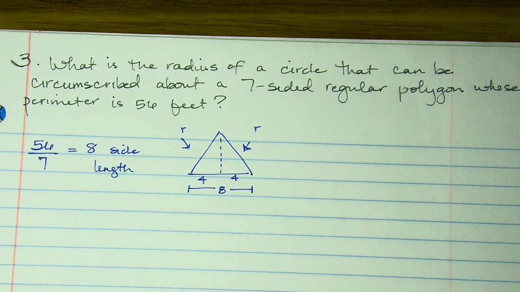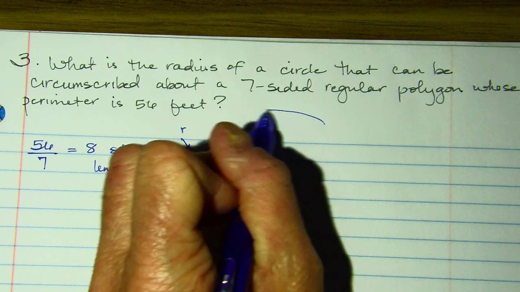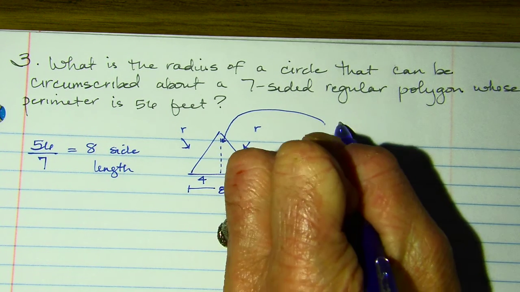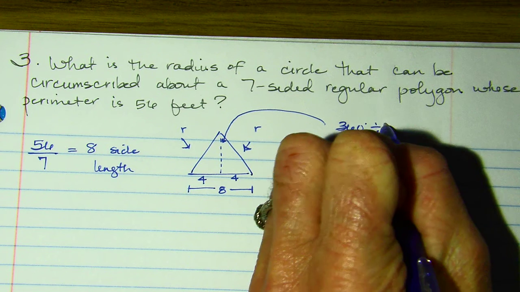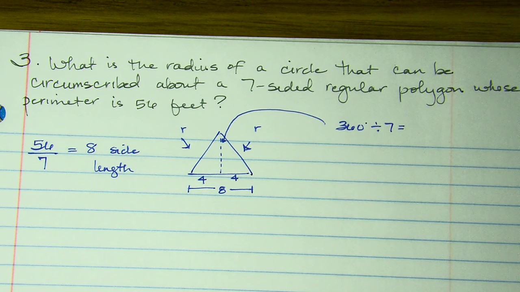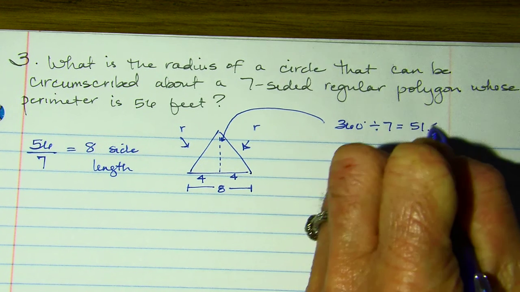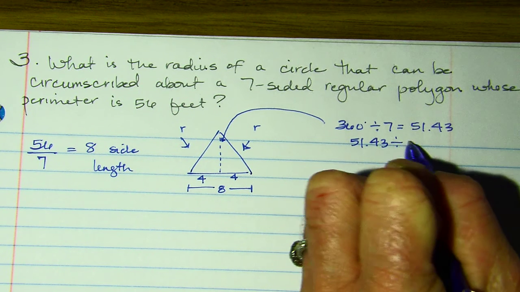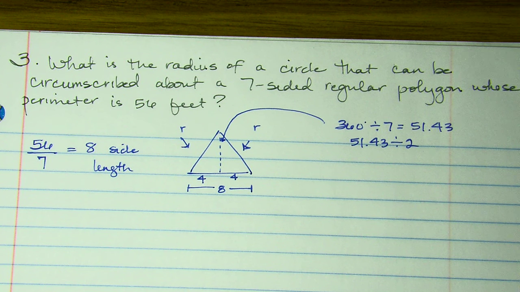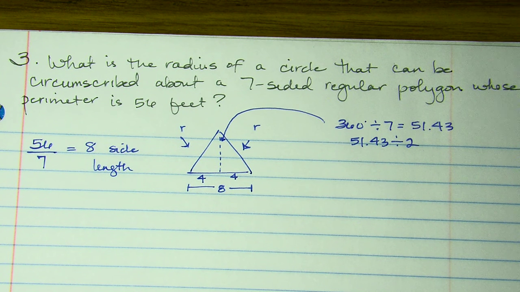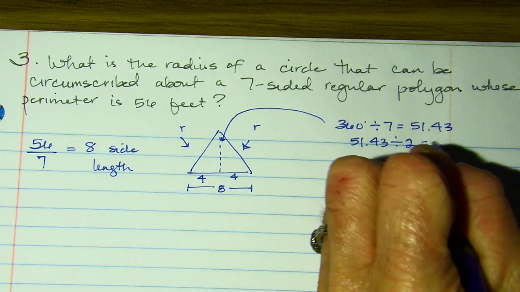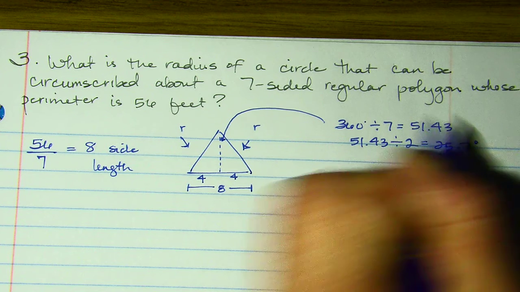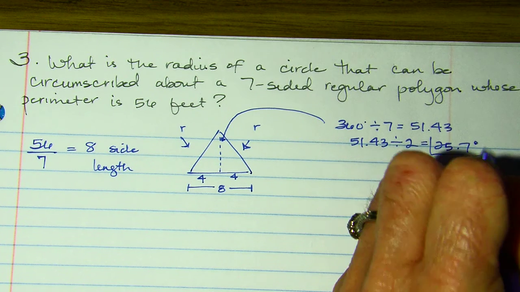And so I can do a couple things, but I'm going to go ahead and find that angle there. And so 360 divided by 7, and I got 51.43. And then I have to take that and cut it in half. Or I guess you could do law of sines, but I'm not going to. I'm going to do trig. All right, so this is 25.7 degrees.